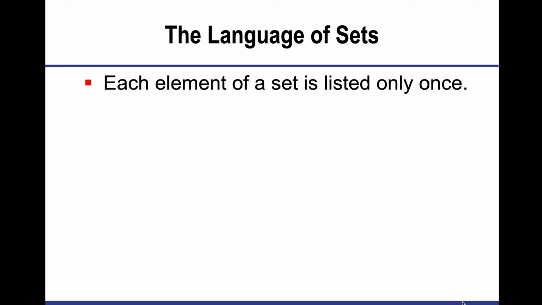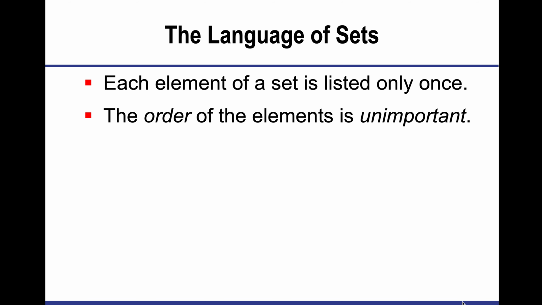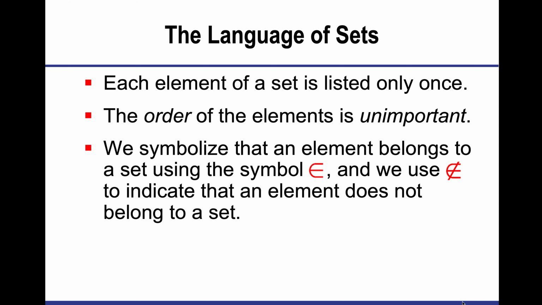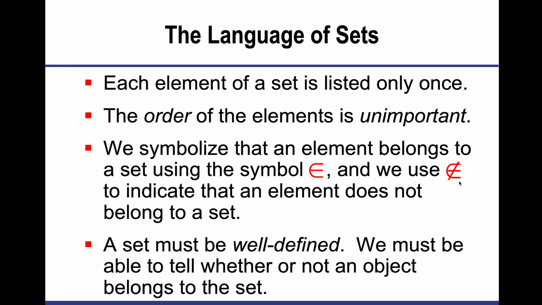So if the number 2 occurred more than one time, I would only write it once. The order of the elements isn't important. The symbol that we use to represent that an element belongs to a set is ∈, and if it doesn't belong, we use ∈ with a slash.